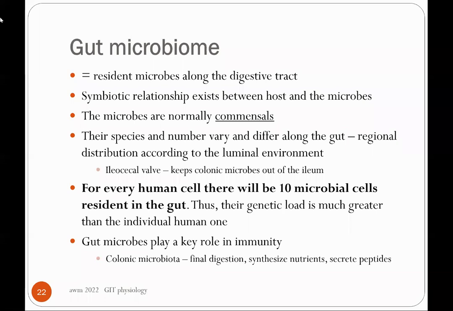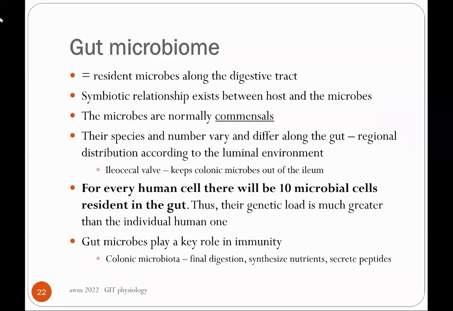Now, what is interesting is that when it comes to the number of microbes, for every human cell, there will be 10 microbes in the gut alone, which means that the cells that contain your DNA in the gut will be one tenth compared with the cells that contain genes from microbes.